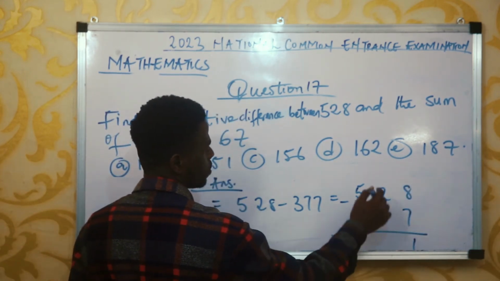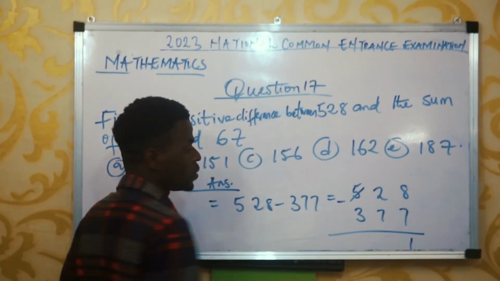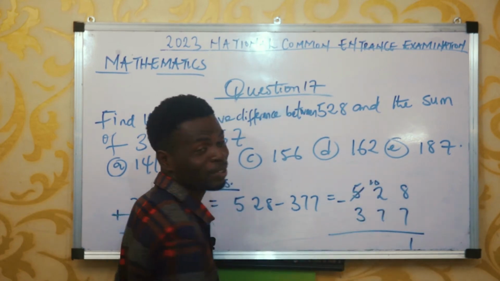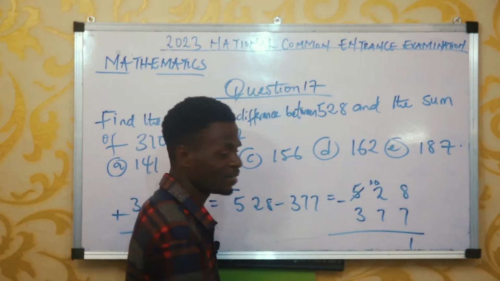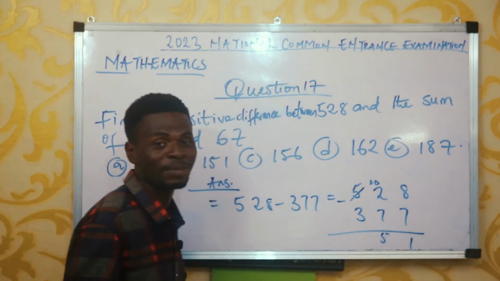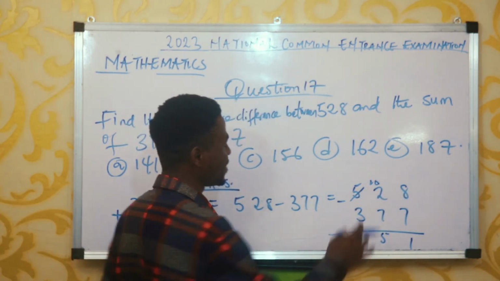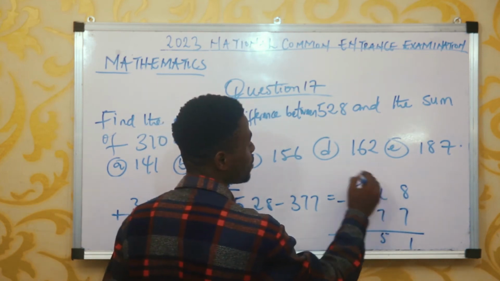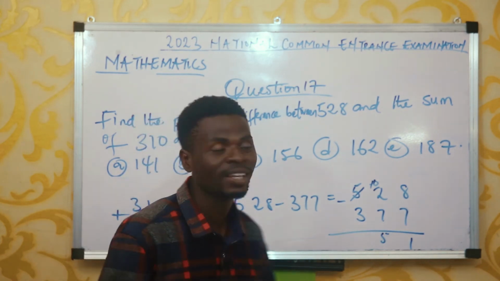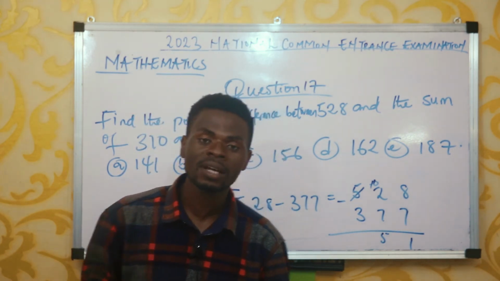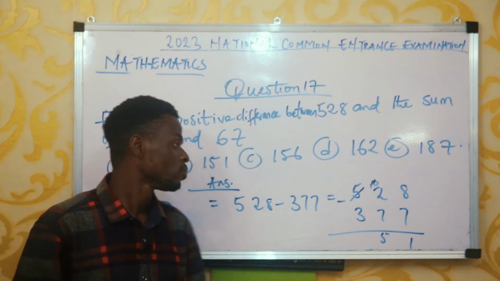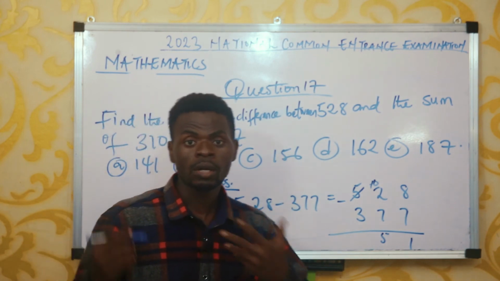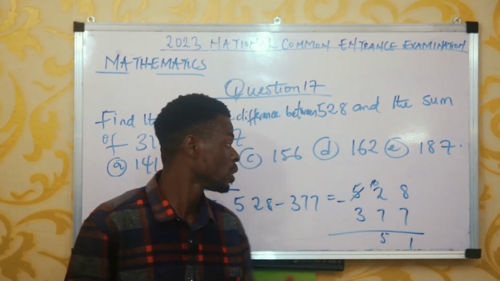Now 2 cannot minus 7, so we'll borrow a number from here. Because you are in primary class, normally we just say 1, but actually it is 10, because we are using 10 as the standard base number for calculation, just like your binary.